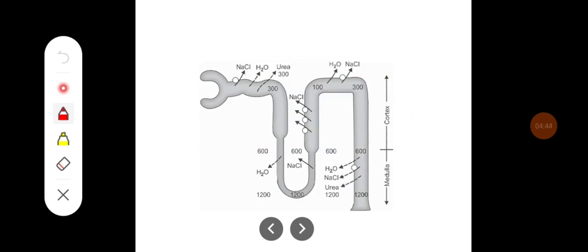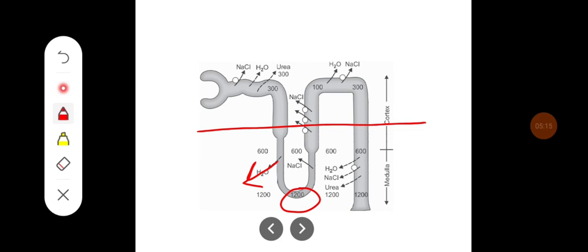So, this is the diagram showing the nephron, showing the concentration of urine in different parts. When the filtered fluid enters the descending loop of Henle, which is highly permeable to water, because of the movement of the water the tubular fluid becomes concentrated and reaches almost 1200 to 1400 milliosmoles per liter at the tip of the loop of Henle.